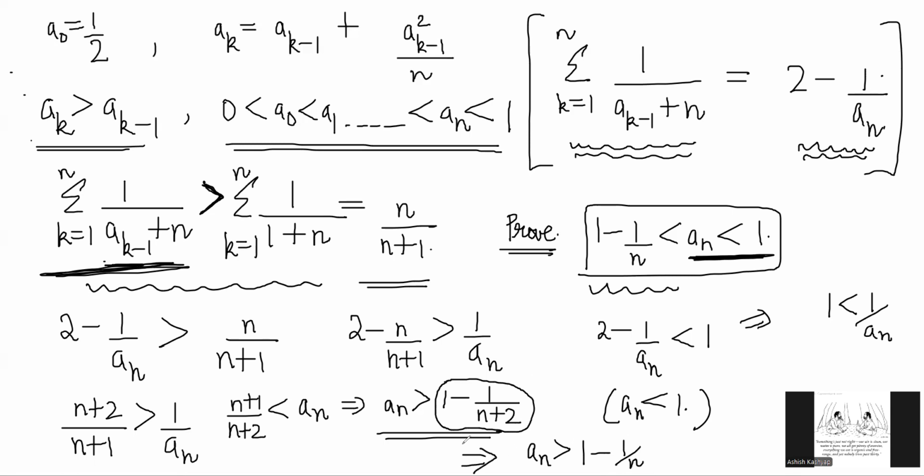Do you understand what I'm saying right now? Yes. What I'm saying is I have gotten 1 minus 1 by n plus 2 here, and that is a bigger number than 1 minus 1 by n, right? So if this inequality is true, this inequality is also true. An is greater than 1 minus 1 by n.